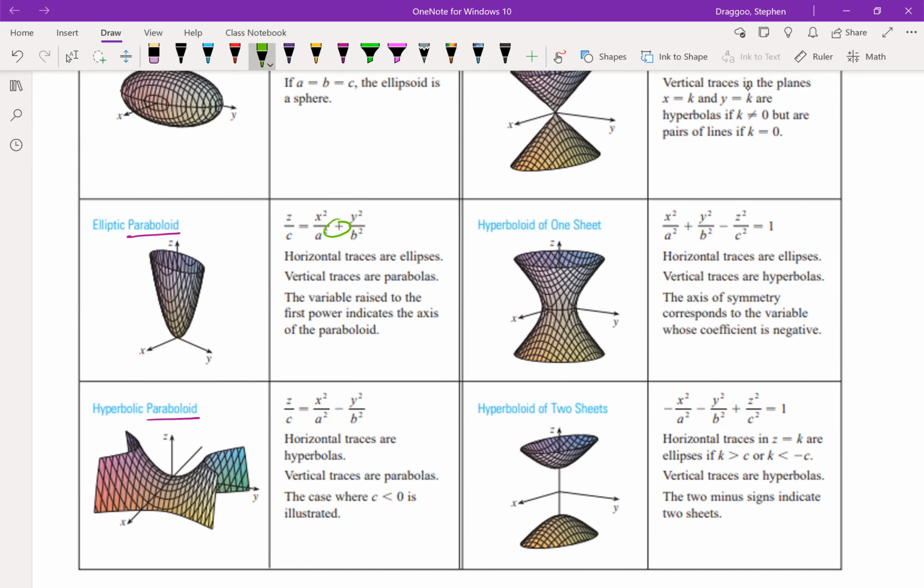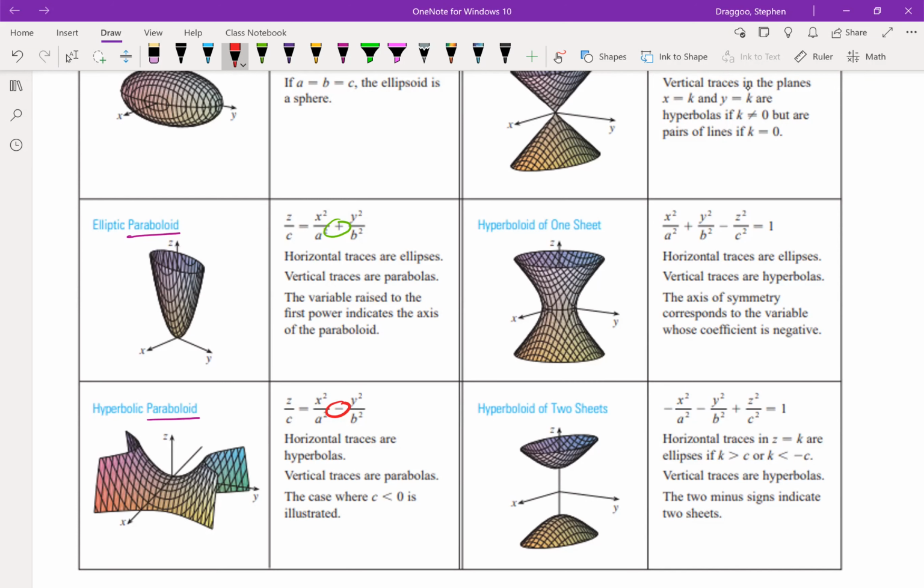So in that hyperbolic paraboloid, our inside is x squared minus y squared, so z equals x squared minus y squared. This just means the two square terms do not have the same sign if it's a hyperbolic shape, whereas the square terms do have the same sign if it's an elliptical shape.